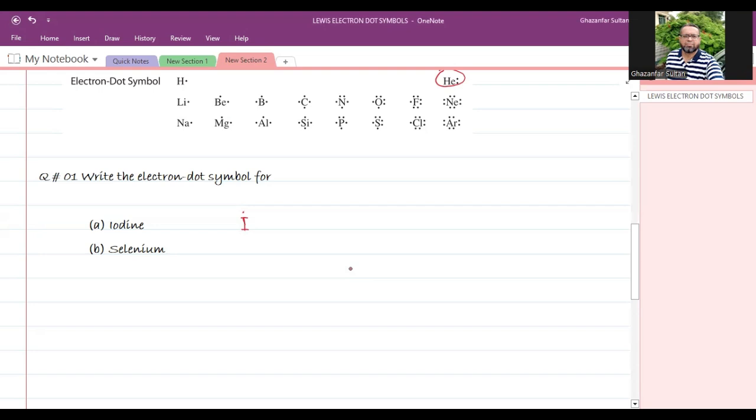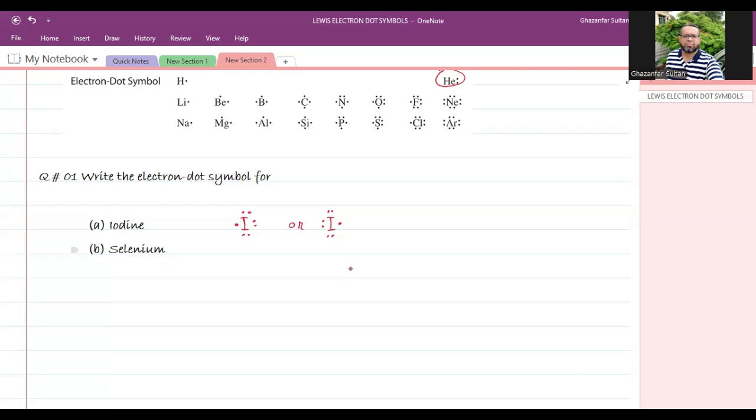The 7 electrons could be arranged like this: 3 pairs on any of the sides, either top, bottom, or right side, and an electron dot here, or other ways as well. Electron pairs on top, bottom, and left side, and the single electron on the right side. And you can draw the single electron here and the pair here. So you can draw the other representation as well.